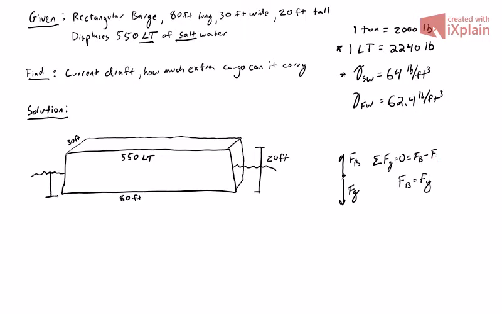I guess I should be consistent and use little g. Okay, so the force of buoyancy, by Archimedes' principle, is equal to the weight of water displaced. And it tells us that 550 long tons are displaced. Therefore, the barge weighs 550 long tons. So that's kind of this process.